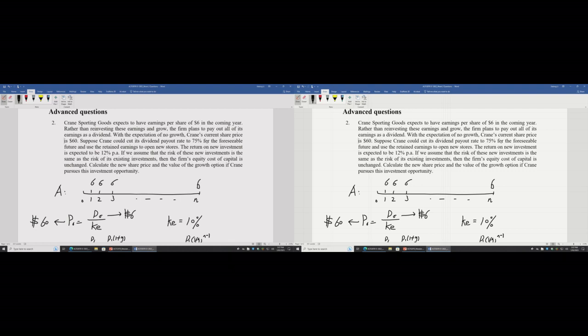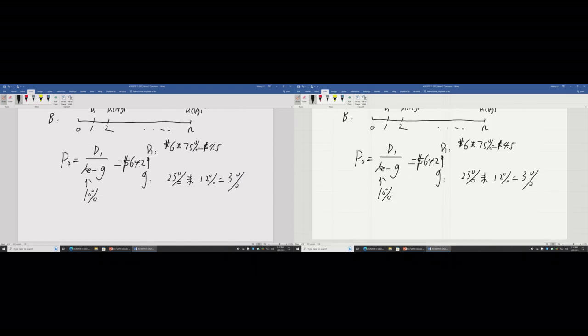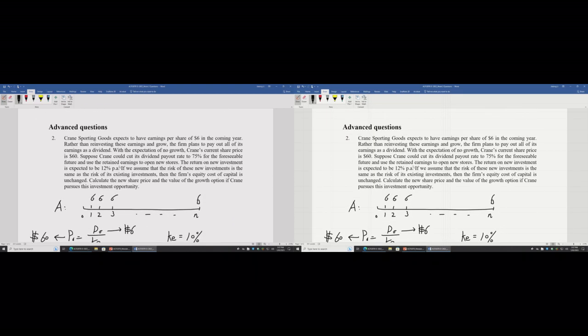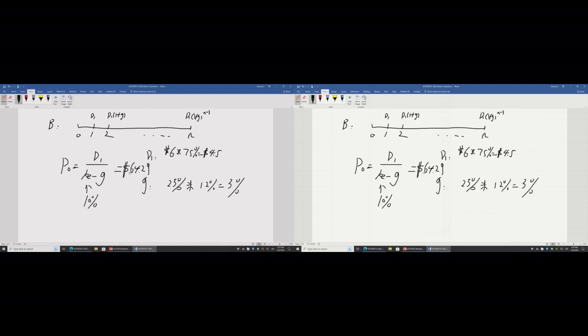And you can find that different payout policies will influence the firm value. Right? So for example, currently, if the company chooses a 100% payout ratio, the price is $60, okay? And then the company announces that they will cut the payout ratio to 75% and the price will jump to 64.29 right away.